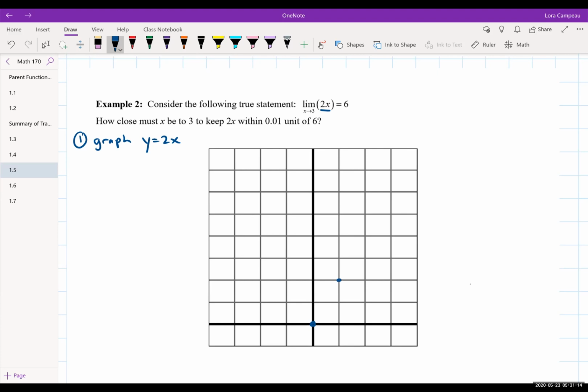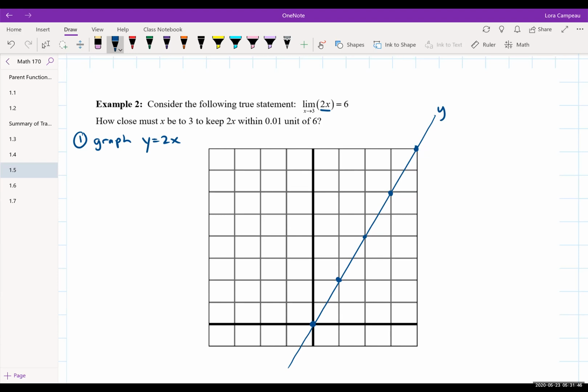We can keep rising 2 over 1 to get more accuracy, especially if I don't have a nice straight edge on my particular graph. So I'll do my best. We'll draw ourselves a line, if we can. Not too bad. But that is our y equals 2x, our function.